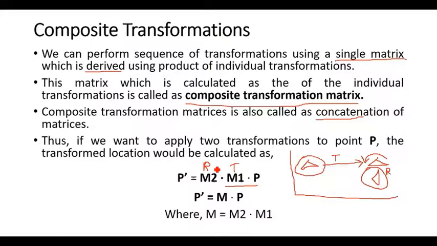Instead of this, I can multiply these two, call the result M, and multiply M with P. So directly you will get P dash. So this is a composite transformation. It involves a sequence of transformations, but it is done using a single matrix.